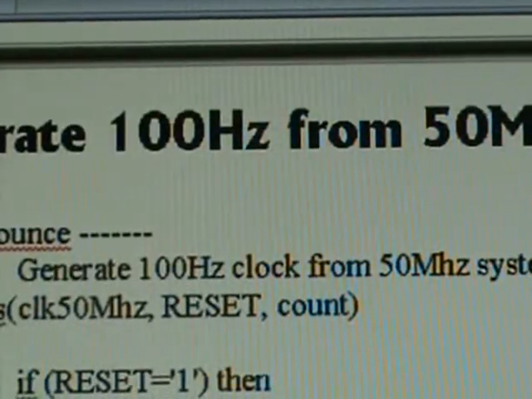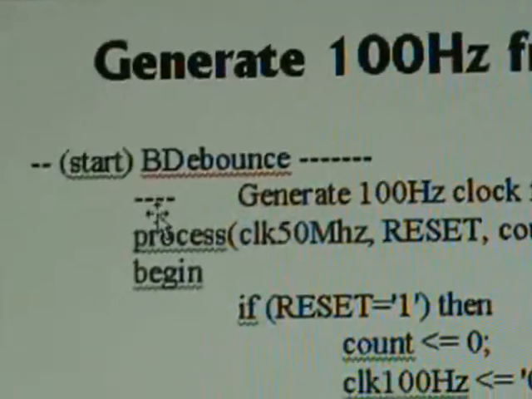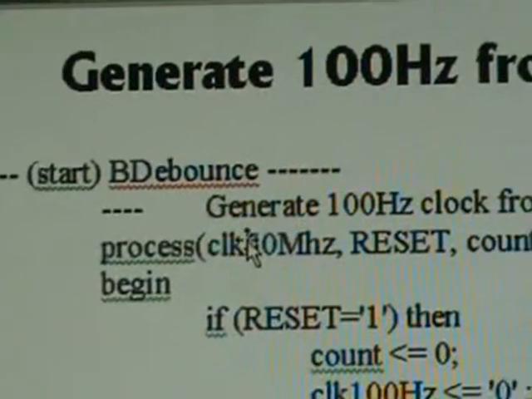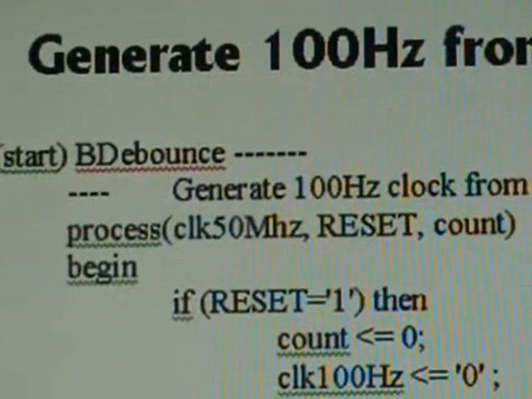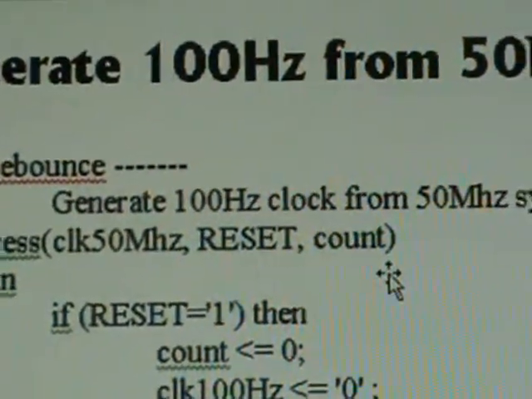Now, we're ready to debounce the input B button. So here is a process to do that that is sensitive to the system 50 megahertz clock, reset and count.